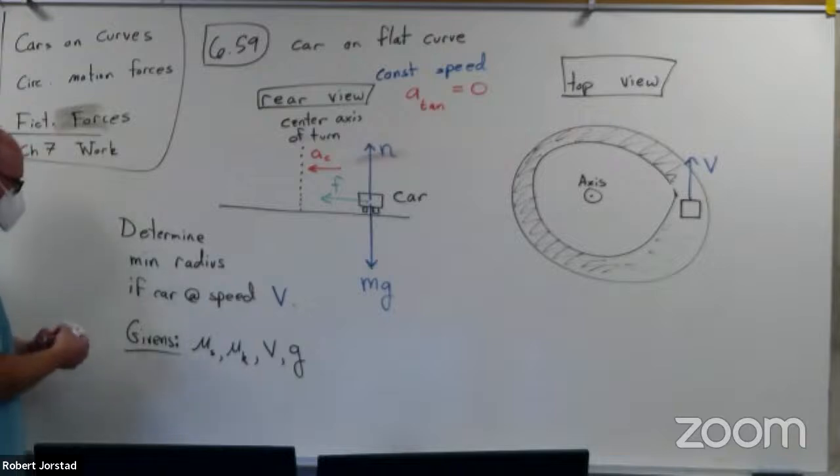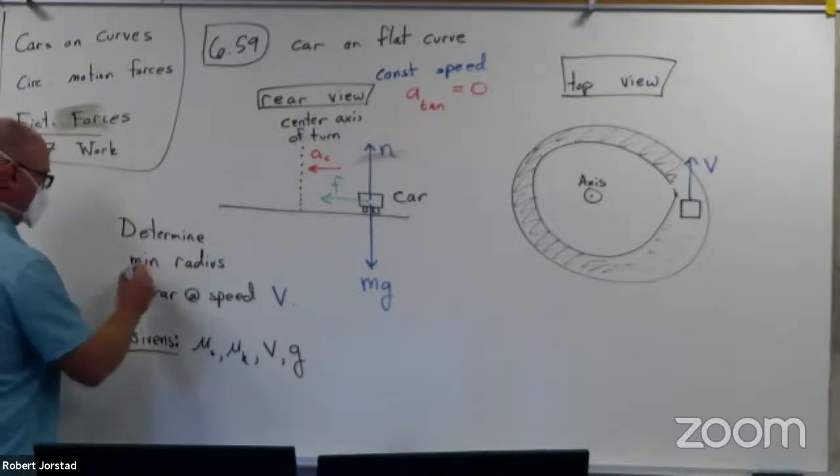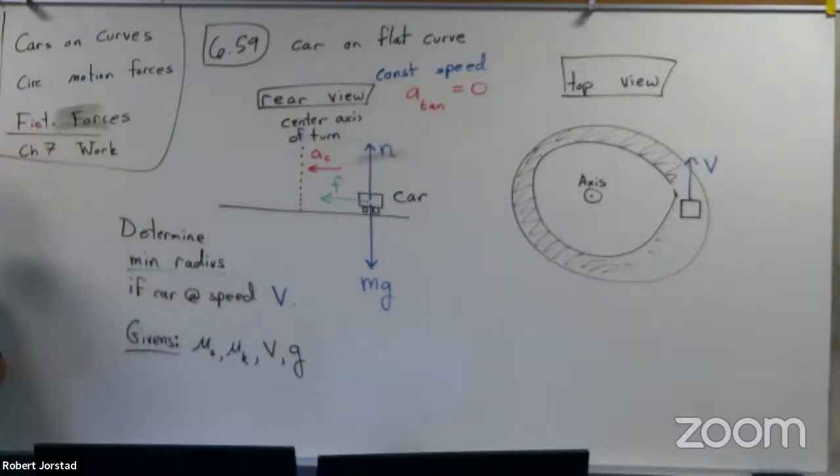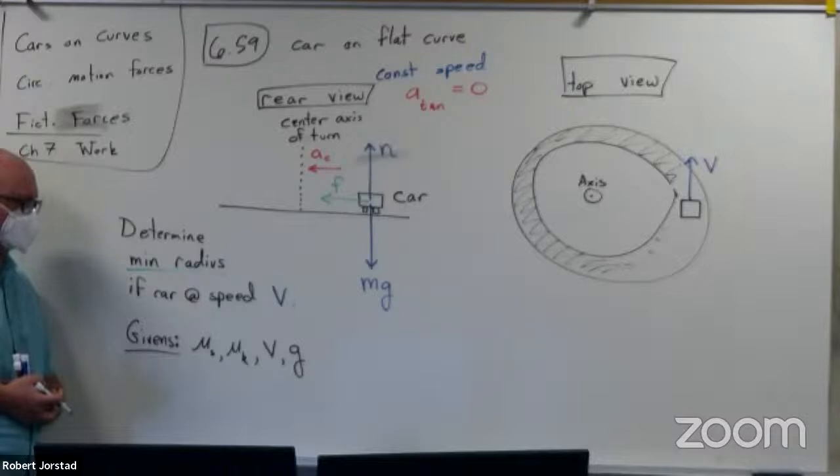I see this right here. Minimum radius. That gives us a special piece of information in this problem. What is it? We're at the minimum radius for this speed. This is sneaky.